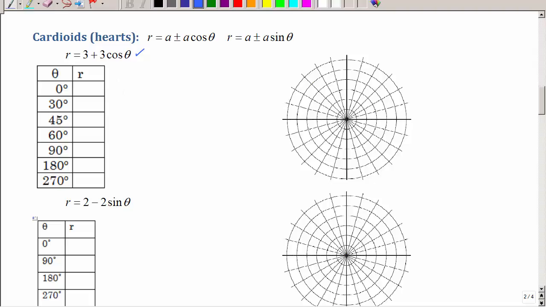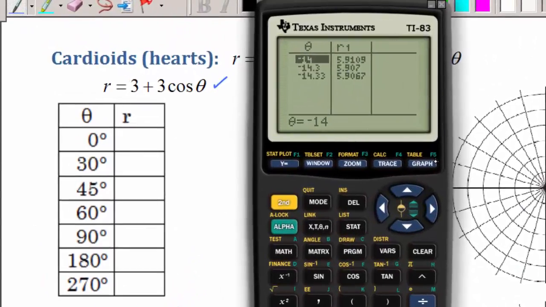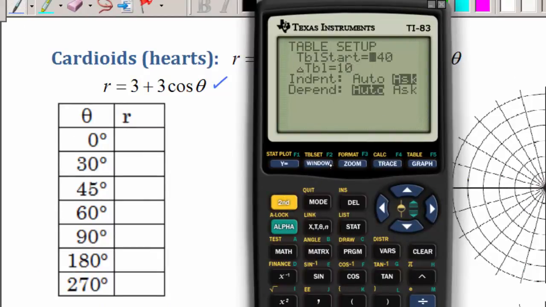Actually, let's go ahead and bring up that calculator. All right, so I'm going to clear that. I have 3 plus 3 cosine theta, and I want to go to my table. Well, notice it's not cranking it out. Let's do table set, which is right there. That second window.